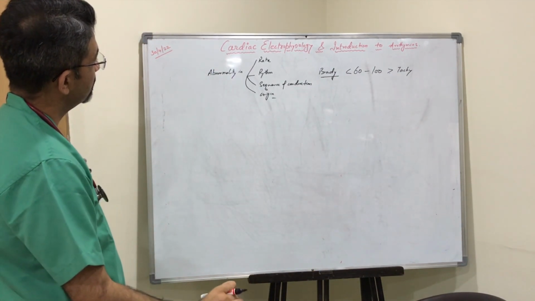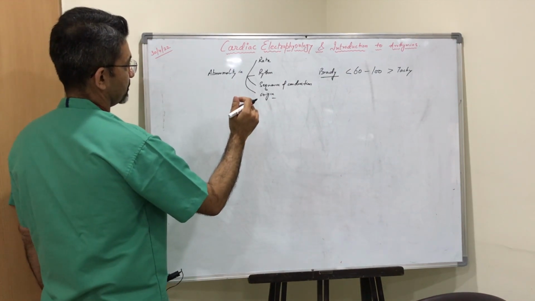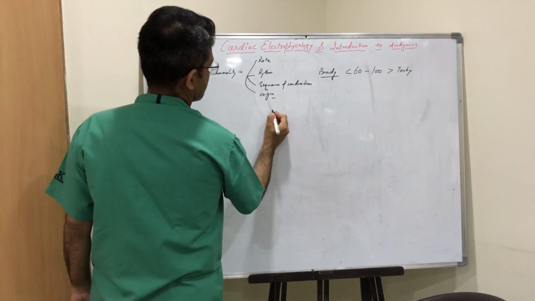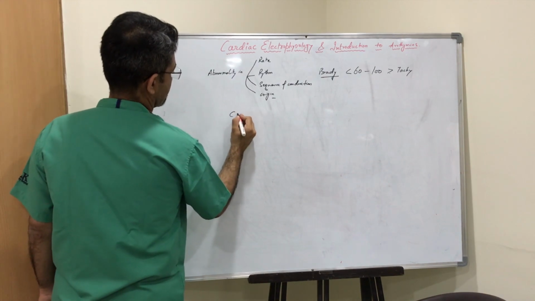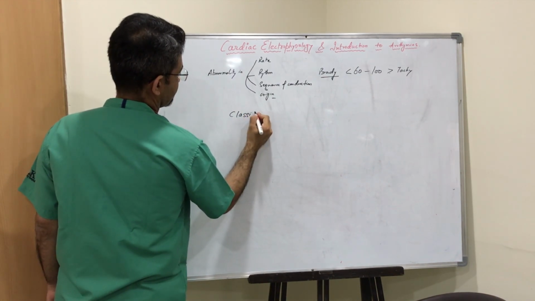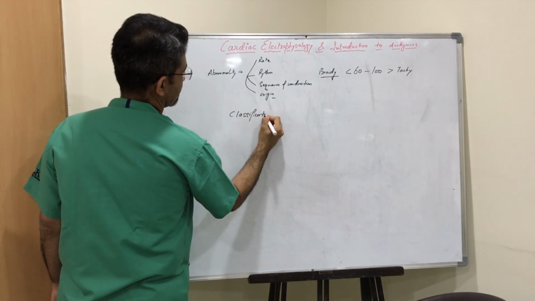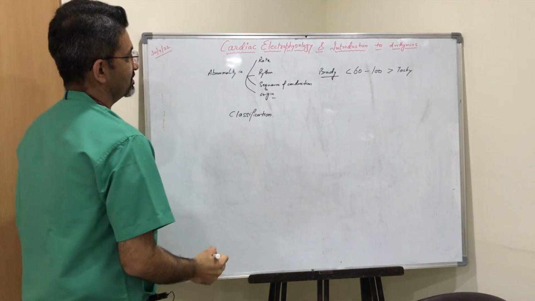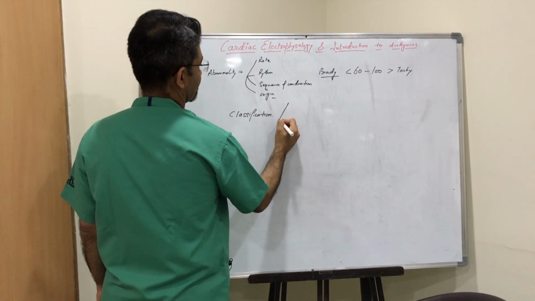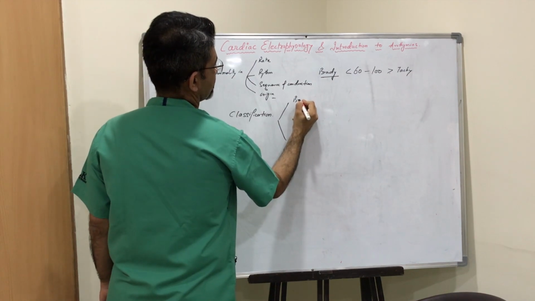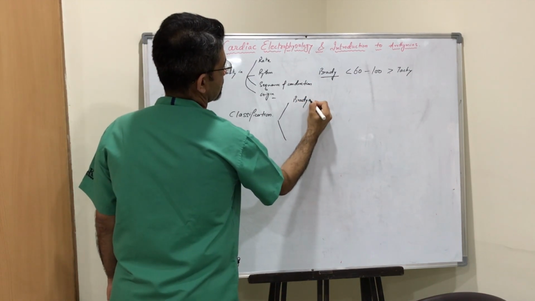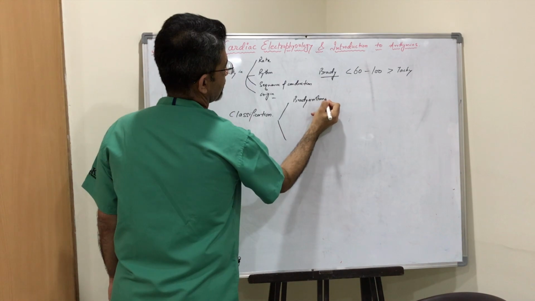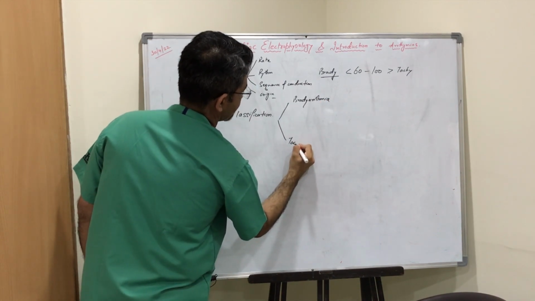So, if we talk about classification of arrhythmia, the classification is either you have bradyarrhythmia or you have tachyarrhythmia.